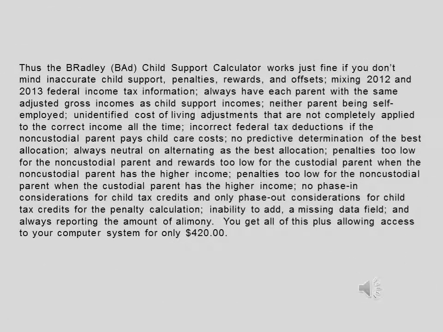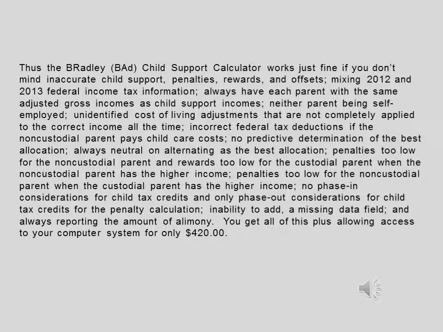Thus, the Bradley bad child support calculator works just fine if you don't mind inaccurate child support, penalties, rewards, and offsets, mixing 2012 and 2013 federal income tax information. Always have each parent with the same adjusted gross incomes as child support incomes. Neither parent being self-employed.